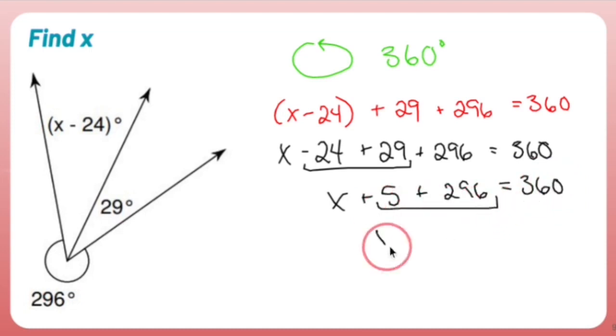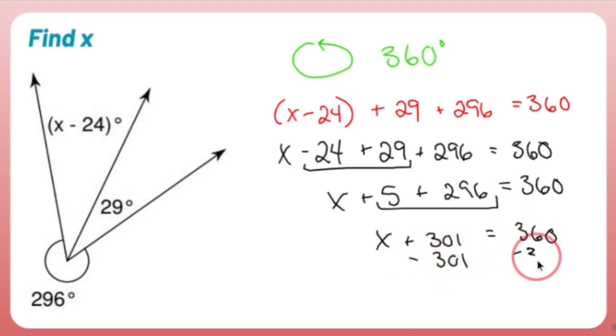These guys combine to make 301. So 360 is still living there. I now have a one-step equation where all I have to do is subtract 301, and x equals 59.